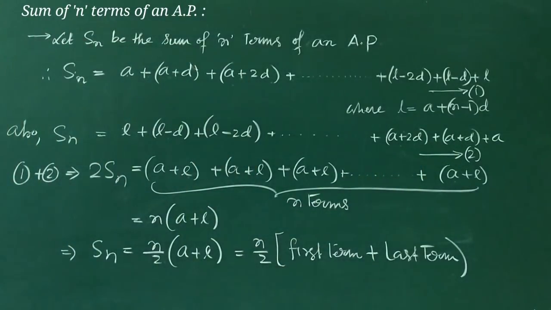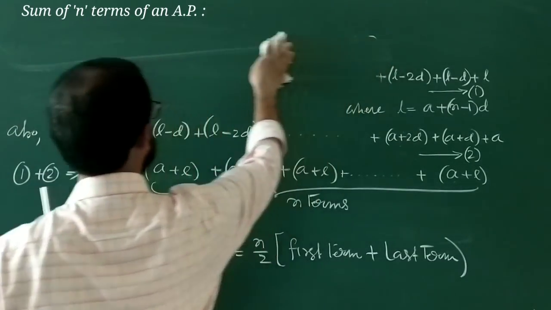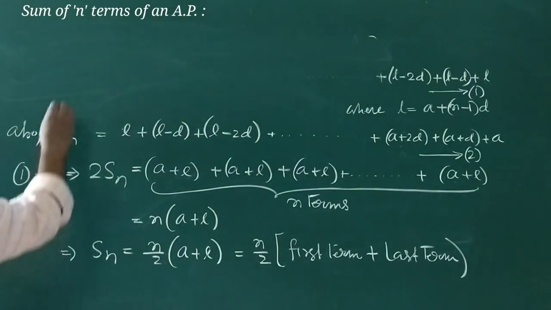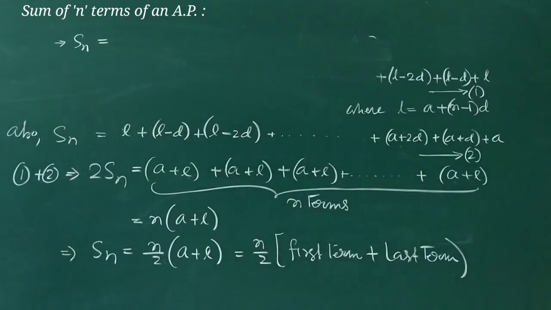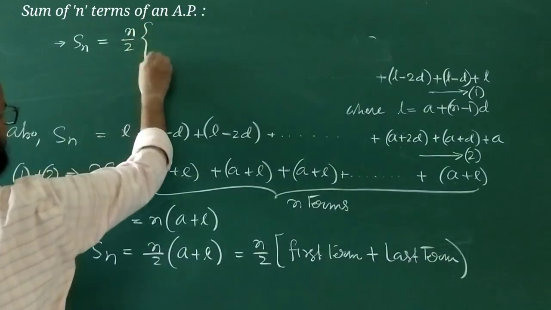So from here you can write Sn is equal to n by 2. What is A?